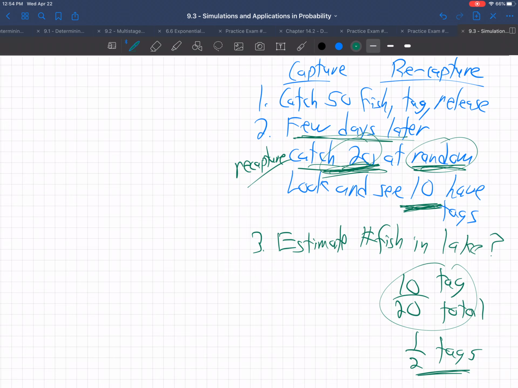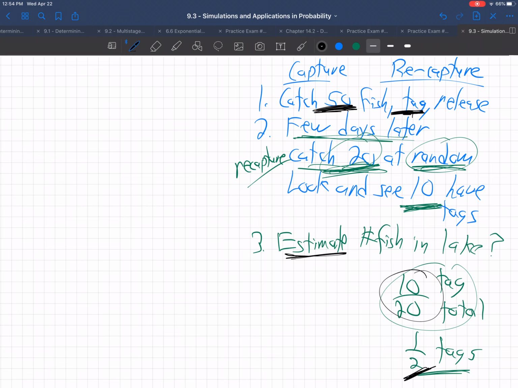Okay, so what? Well, it's a reasonable estimate, and that's where we're estimating. It's not exact, but it's reasonable. If half the group you grabbed has tags, probably half the whole lake has tags. So if half the lake has tags, and you know how many have tags because you tagged them a couple days ago, 50 fish have tags.